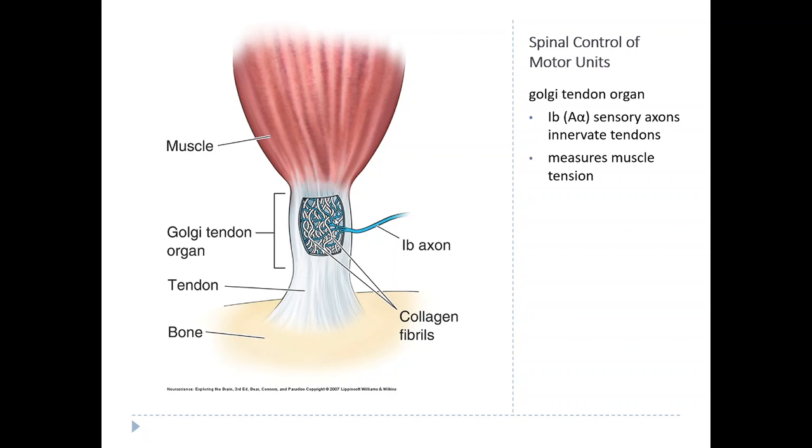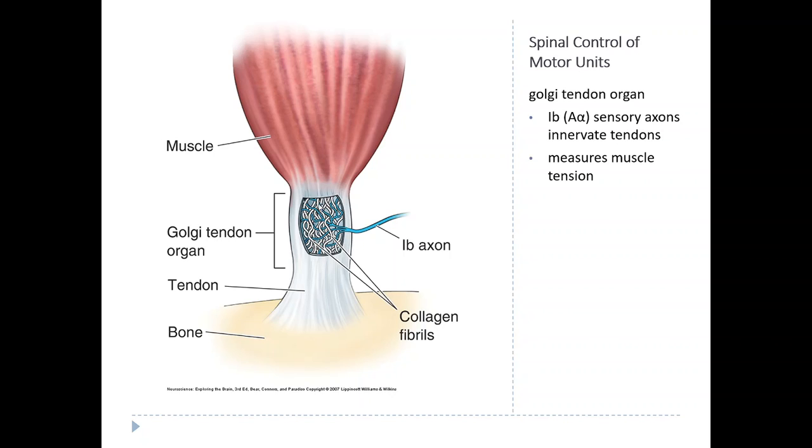But inside most tendons, there's this structure called a tendon organ, where basically it's just a bundle of these collagen fibrils that are entangled with axons from a subset of the A alpha sensory axons called 1B axons. And again, they're like the 1A axons. They're very thick and heavily myelinated, so they send communication to the brain very quickly, or to the spinal cord anyway. And they're mechanically sensitive, just like the muscle spindle axons.